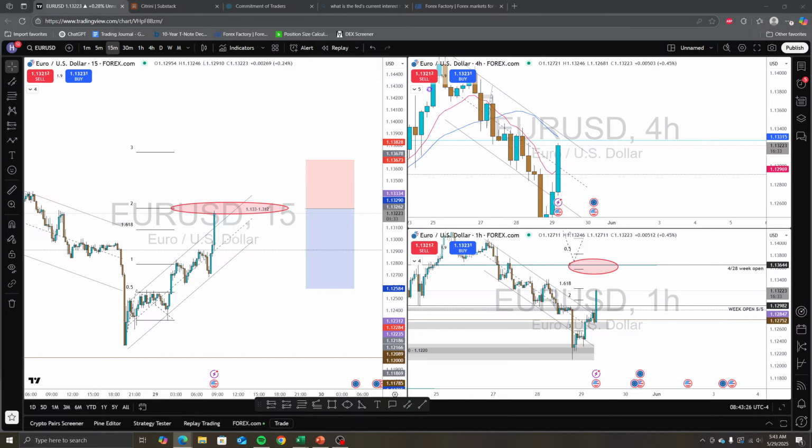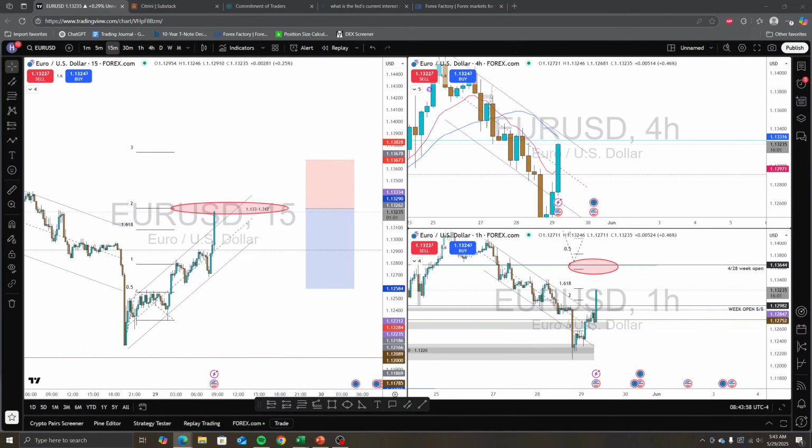Down to 15-minute. Made a fib extension from the start of the trend. So when did this trend start, around what, Asian session?